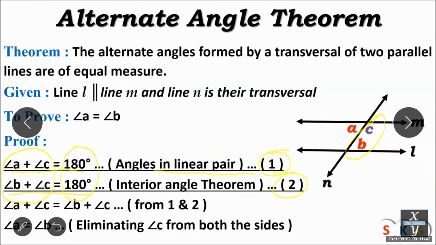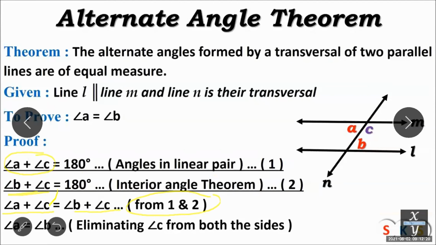So the next step here, this is the first pair, angle A plus angle C, and another one is angle B plus angle C. Both are equal to each other, from equations 1 and 2. Now again, the similar terms on either side of the equal sign get cancelled.